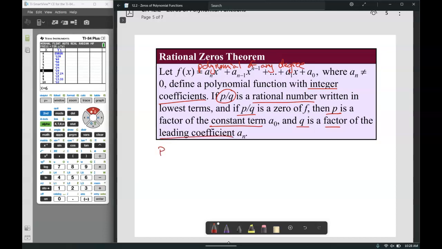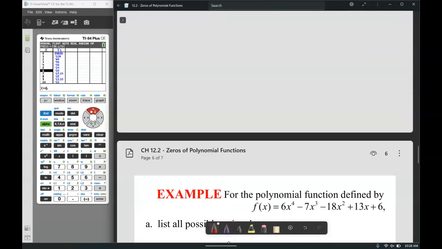And so we take our p's over our q's and we write them as a ratio of the constant factors over the leading coefficient factors. We're going to be writing a bunch of fractions and integers, and in that list is the rational zeros of our polynomial.